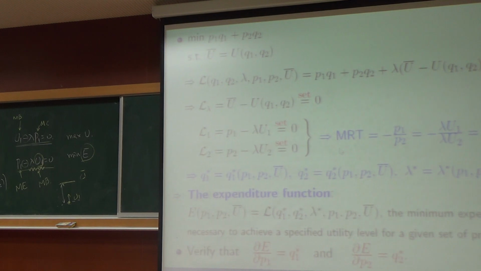So we have totally 6 variables now. P1, Q1, P2, Q2, U bar, lambda, 6. And we choose over Q1, Q2, and lambda. So these 3 would be endogenous variables. And the other 3 variables would be exogenous, which is P1, P2, and U bar.